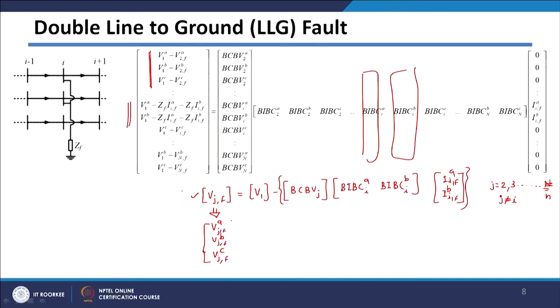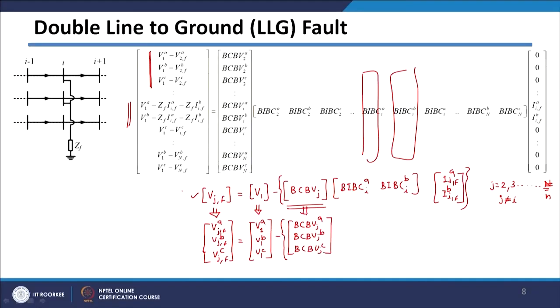So all the post fault voltages of the jth bus, all the 3 phases, will be equal to V1a, V1b, V1c for all the 3 phases minus this particular matrix, which will have all the 3 rows: BC BV JA, BC BV JB, BC BV JC.